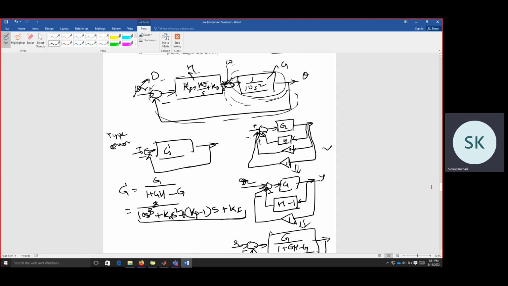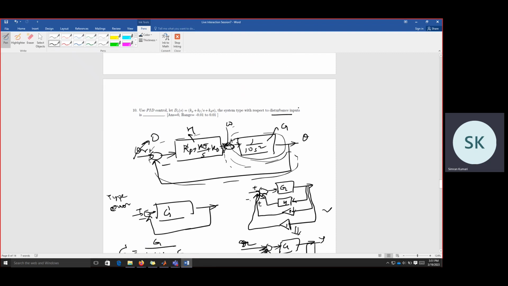So what is the type of this system with respect to disturbance as input? That will be 0. Now since it is type 0, that means even if this is a step input, this whole system will not be able to reject this step input.